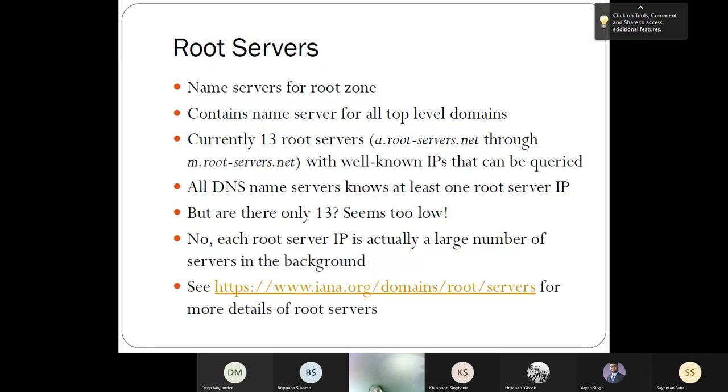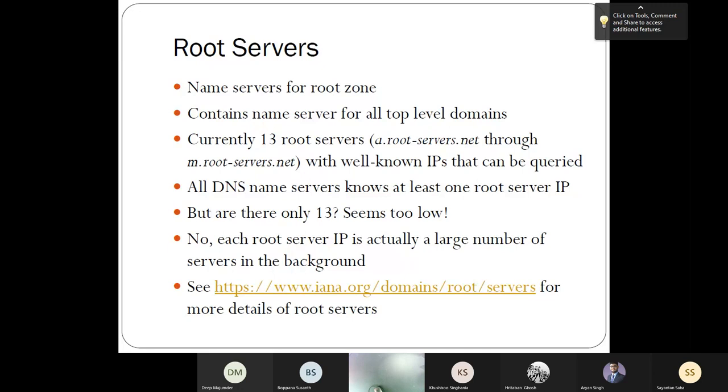So you have to start somewhere. Every DNS server must have at least one root server. The idea is very simple. If I don't know anything, I go to the root server. I want to resolve a.b.c.com. As I don't know anything, I say give me the name server IP of com.